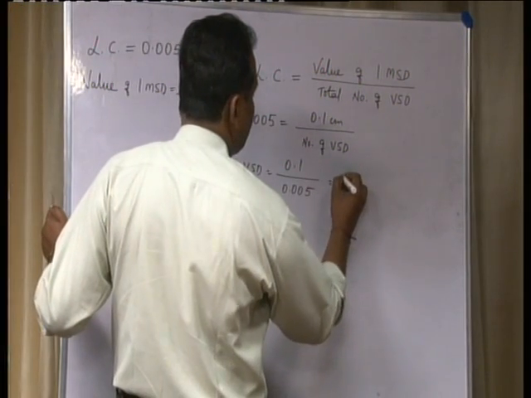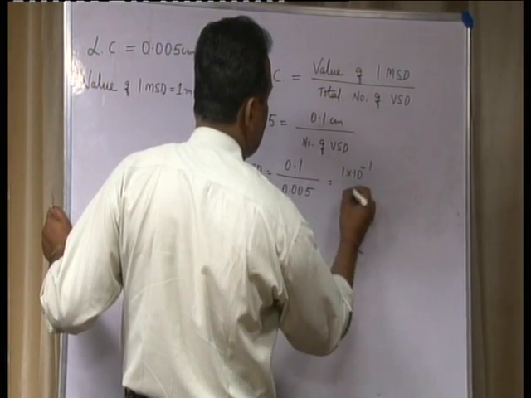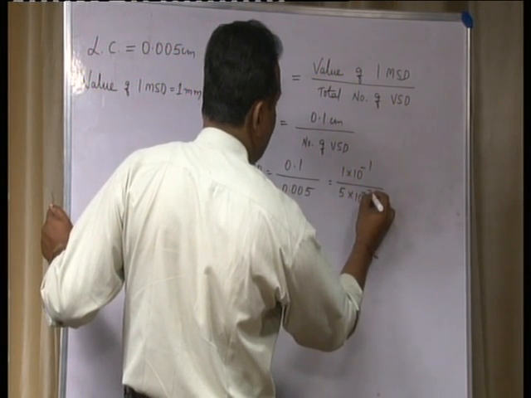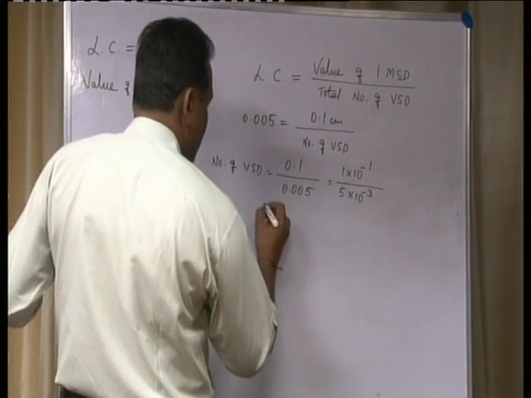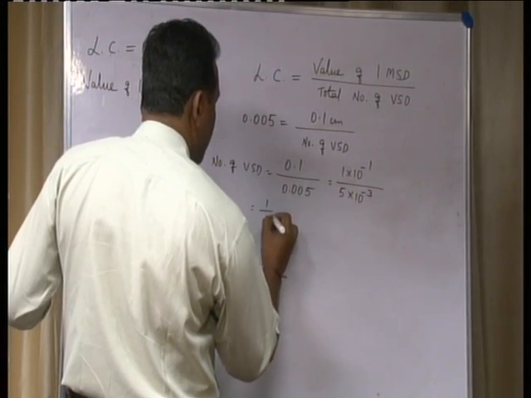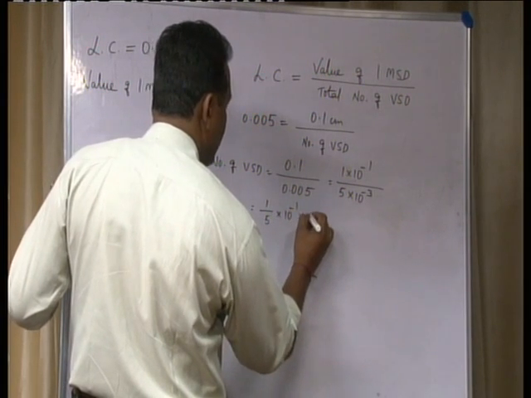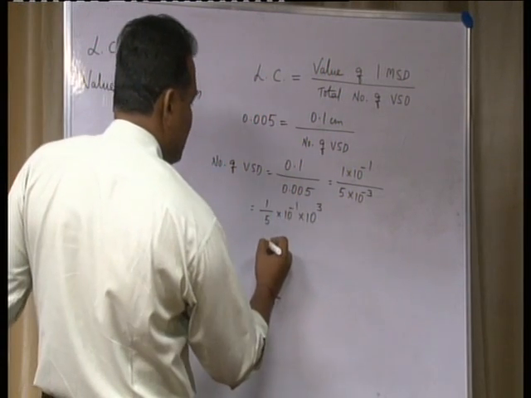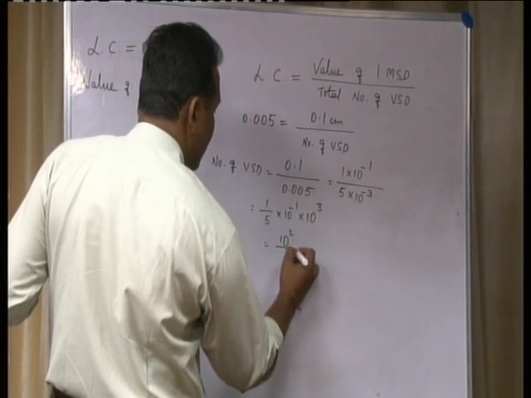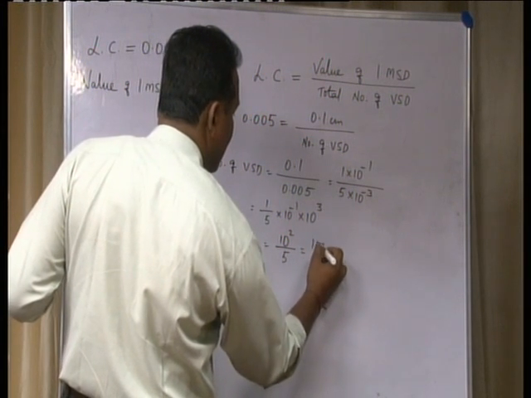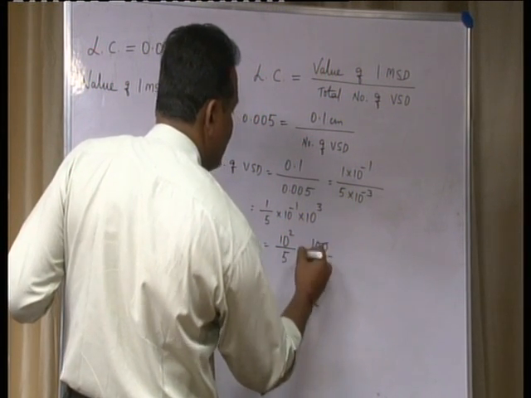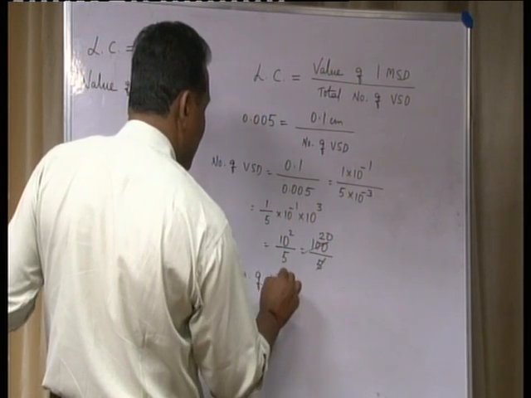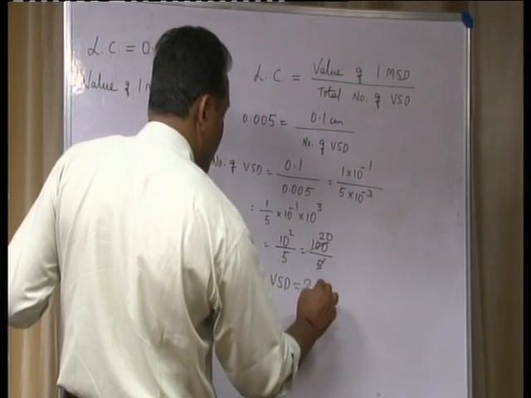Write 0.1 as 1 into 10 power minus 1 and 0.005 as 5 into 10 power minus 3. So, it is 1 by 5 into 10 power minus 1. When 10 power minus 3 goes to the numerator, it becomes 10 power plus 3. So, minus 1 plus 3 gives 10 square by 5. 10 square means 100 divided by 5. 5 twos are 10, so 5 twenties are 100. So, the number of VSD in such a vernier calipers is 20.